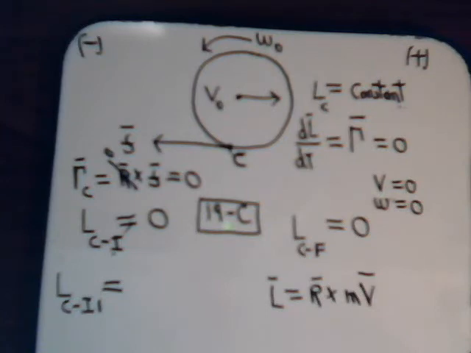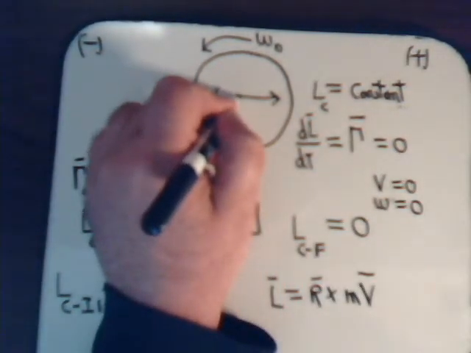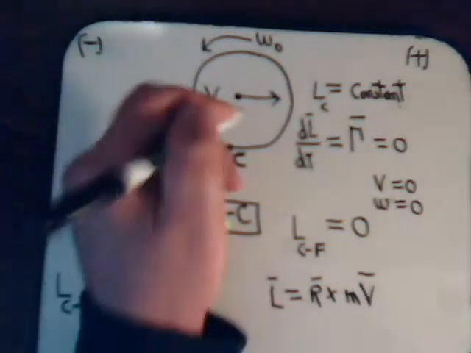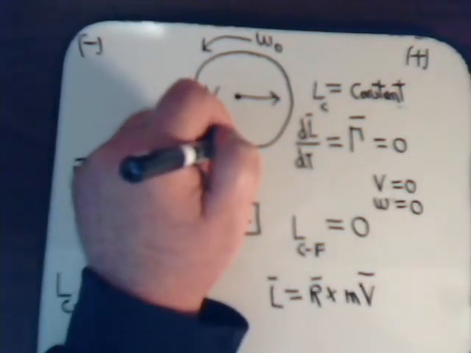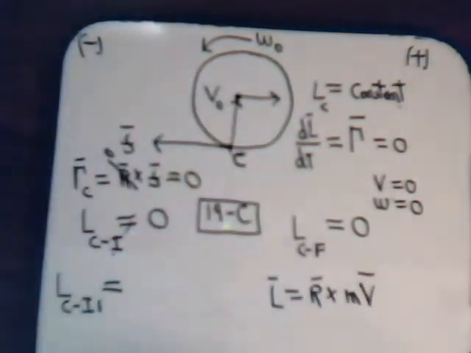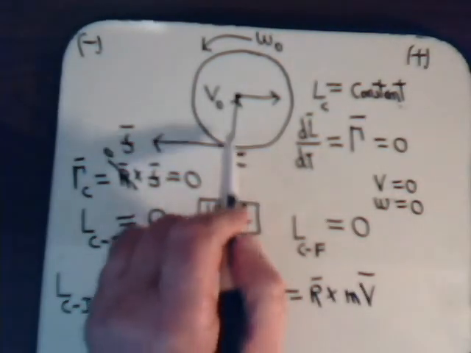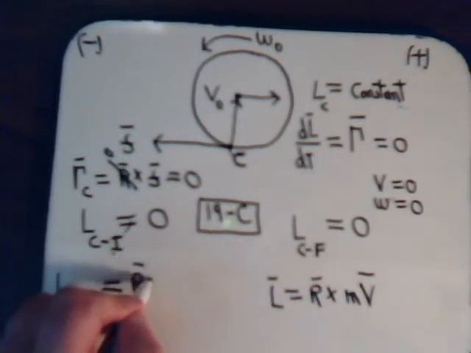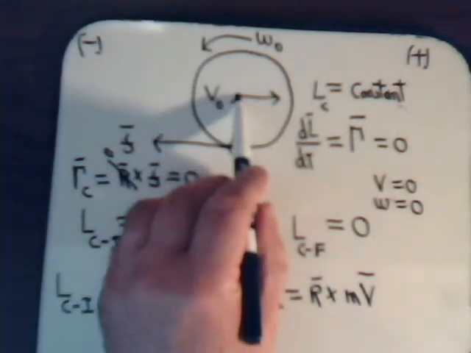So here we're taking into account the angular momentum of the center of mass, which is right here, about point C. So we need a position vector. So we go from point C to the center of mass. So that position vector is just the radius of the ball. This cross M V0.